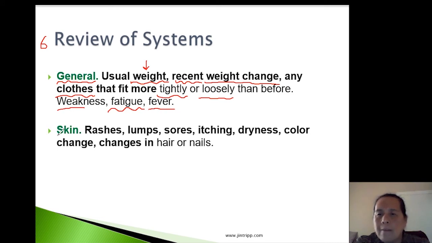Then we ask the patient about the skin, especially any special area with a skin rash, lumps, itchiness, dryness, color change, or sores.